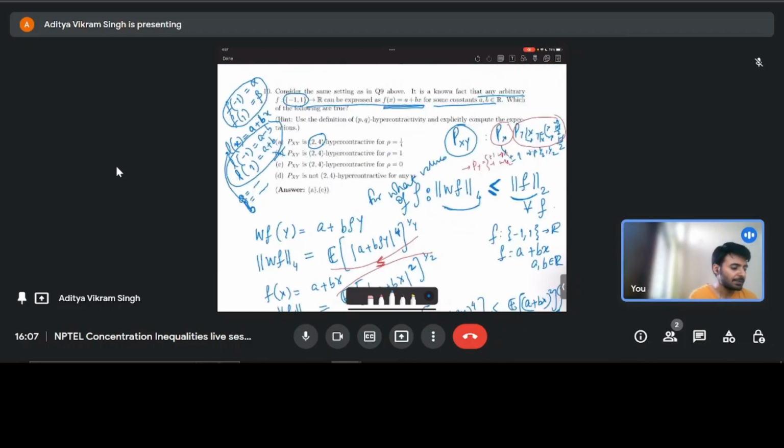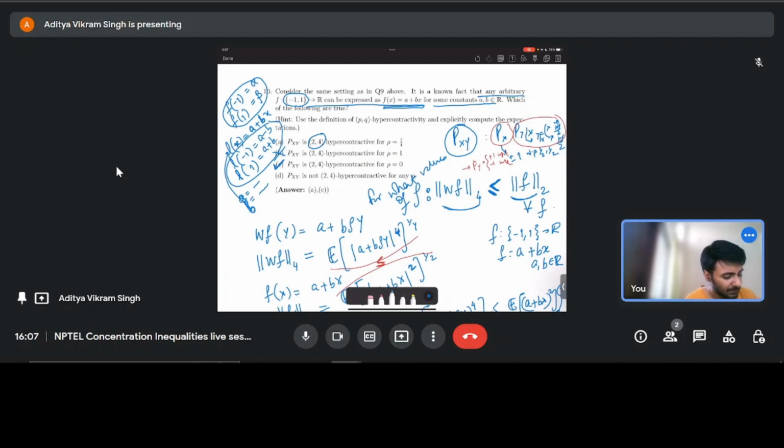And rho equals 0 is basically, yes, x and y become independent, and we saw that you can have 2-to-infinity hypercontractivity for independence. So yes, C is correct.